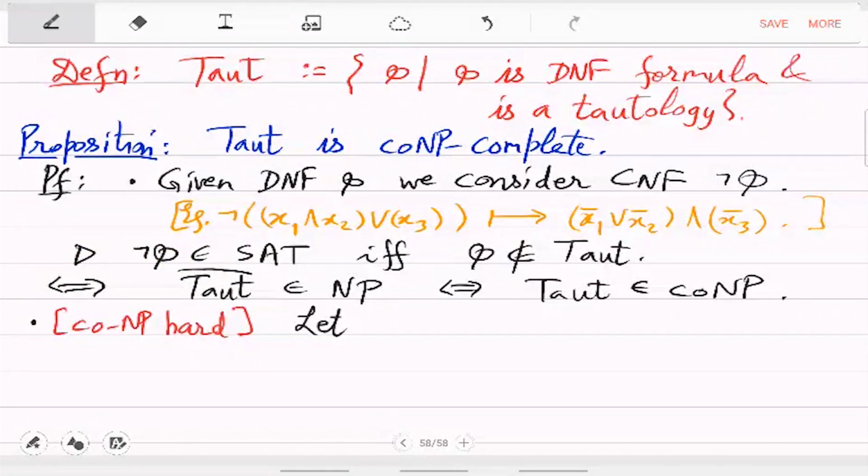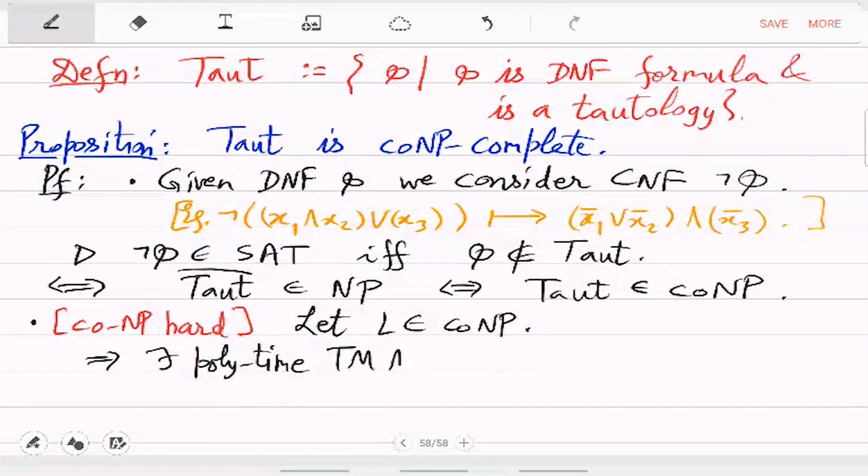Let L be in co-NP. We have to reduce it to tautology. So it means that there exists a polytime Turing machine M such that every no string X can be verified.